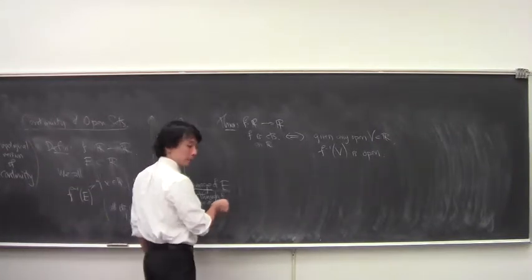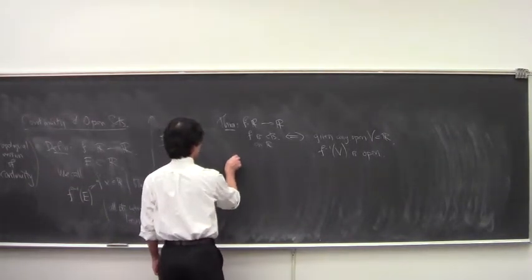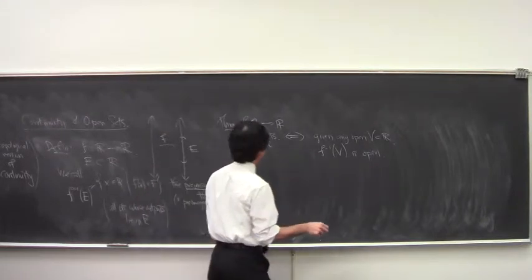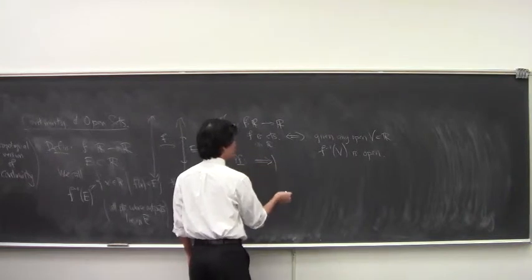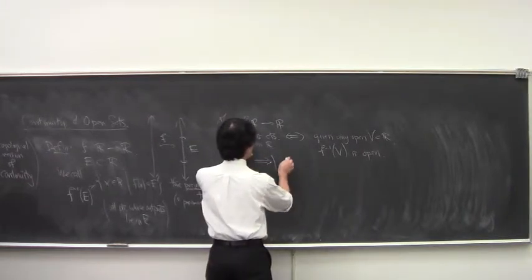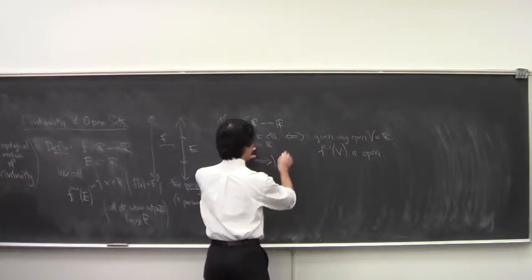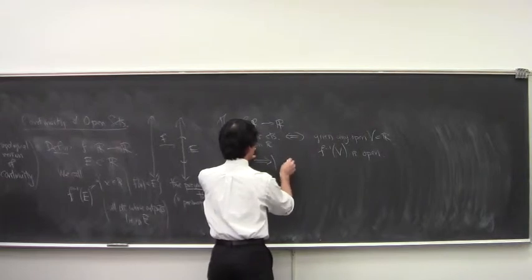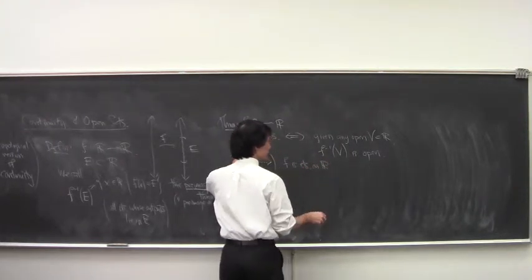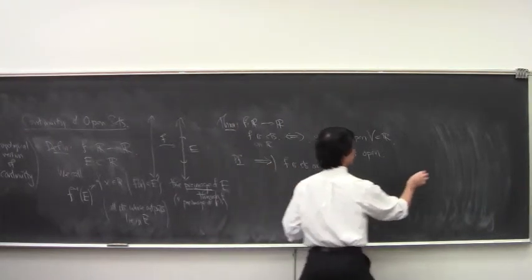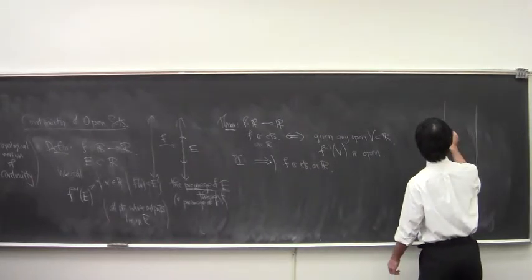Okay, so let's think about it. Let's remember, going forward, we have the property. We know F is continuous on R. Given any point x, what does that mean?